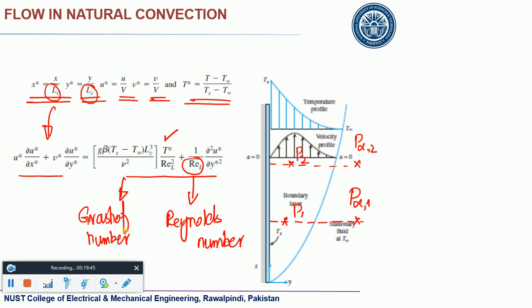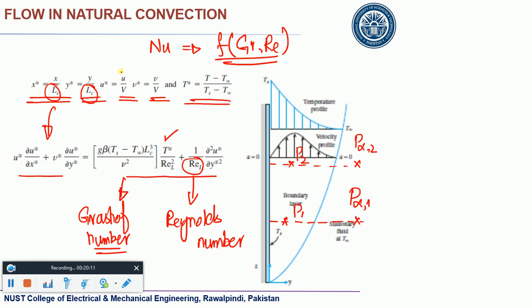So this Grashof number is kind of the similarity parameter for natural convection. So you can say the Nusselt number, or let's say the velocity profiles, would be a function of the Grashof number and Reynolds number. Now the situation has become a little more complex as compared to forced convection.